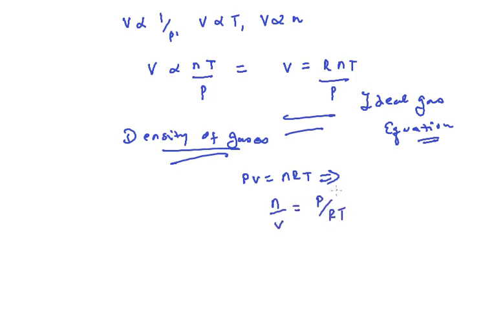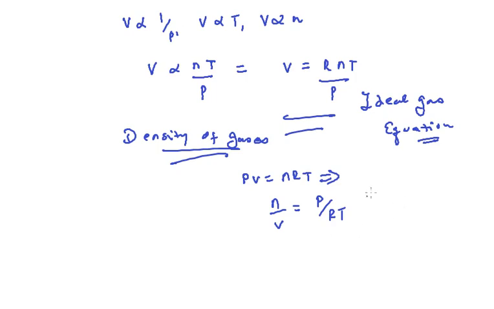They both are the same. If you crisscross them, you'll get the same number. I'm just rearranging this, but for a purpose. n over V is the number of moles divided by the volume. And as you know, moles times molecular mass will give us the mass of the object.